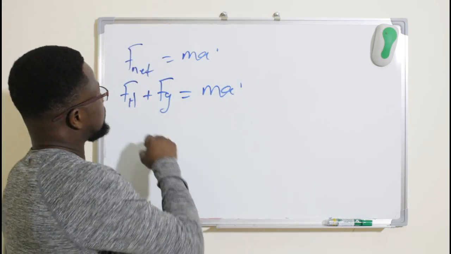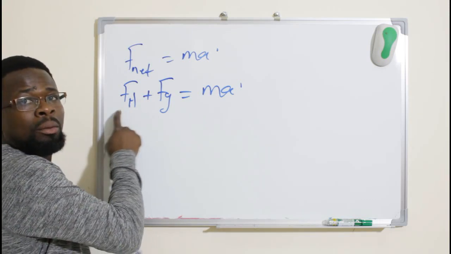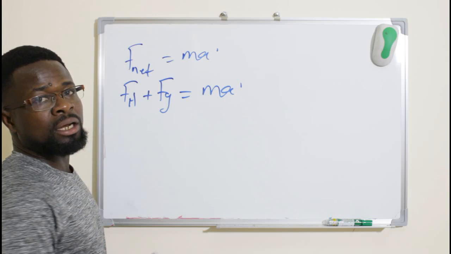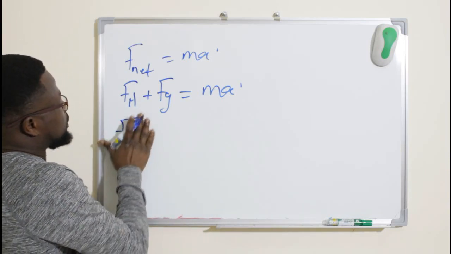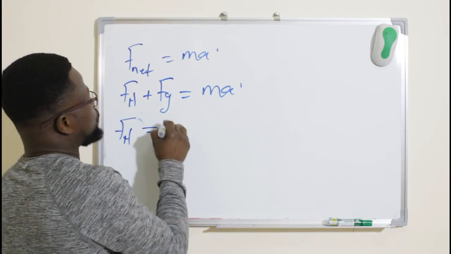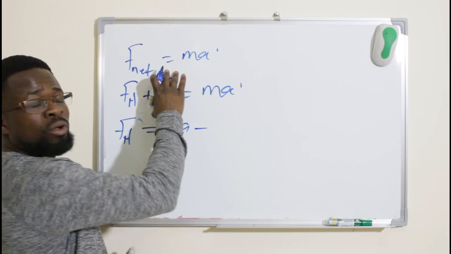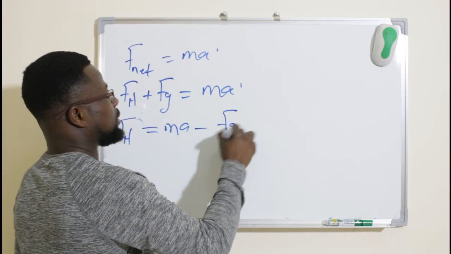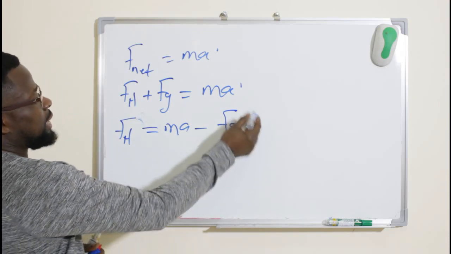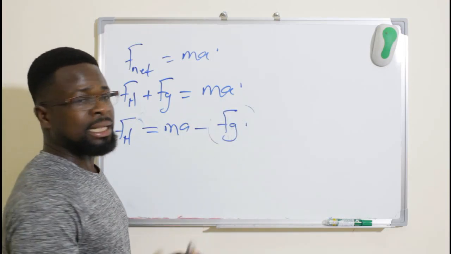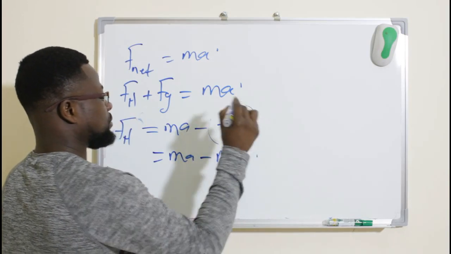Remember that what I am looking for is the normal force. So if I'm looking for the normal force, Fn is now equal to MA minus, because I'm transposing the weight, Fg. And what is the Fg? It is the weight, so it is MA minus Mg.